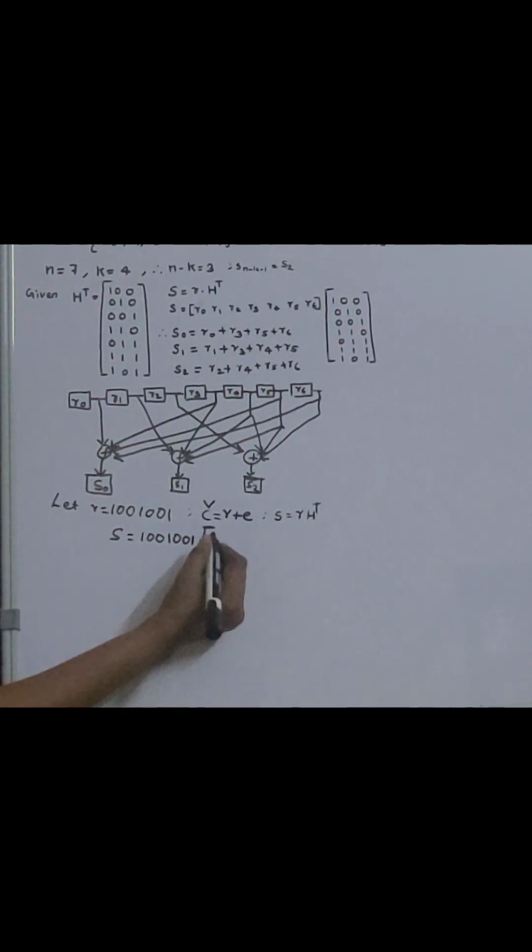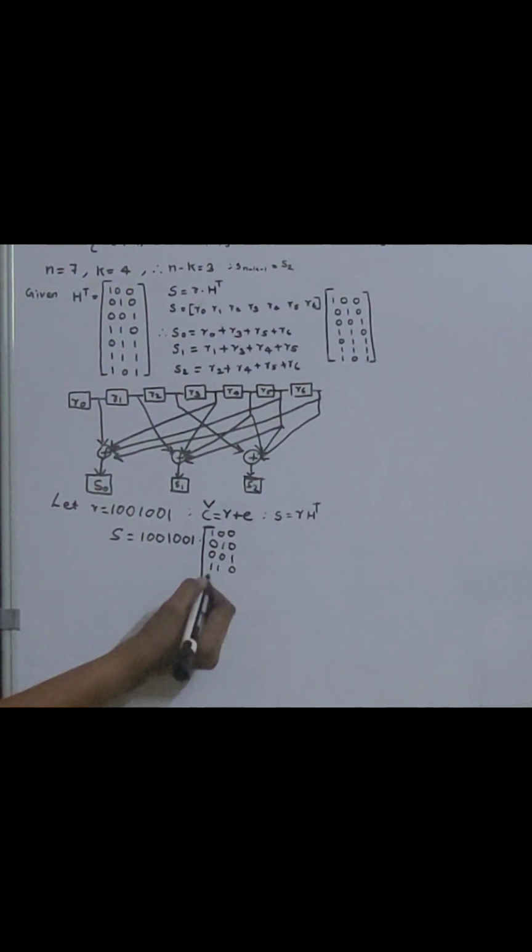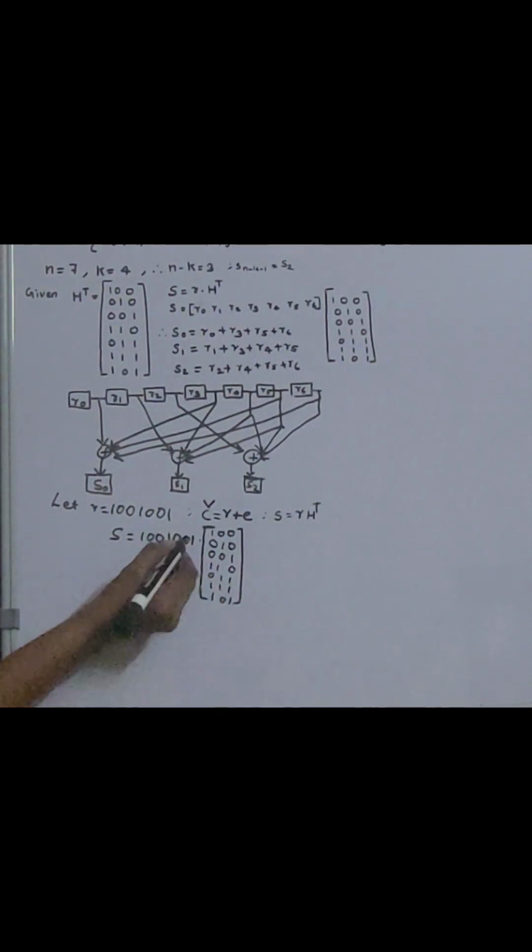The value of H transpose is 1 0 0, 0 1 0, 0 0 1, 1 1 0, 0 1 1, 1 1 1 and the last row 1 0 1. So this is the equation for syndrome calculation.